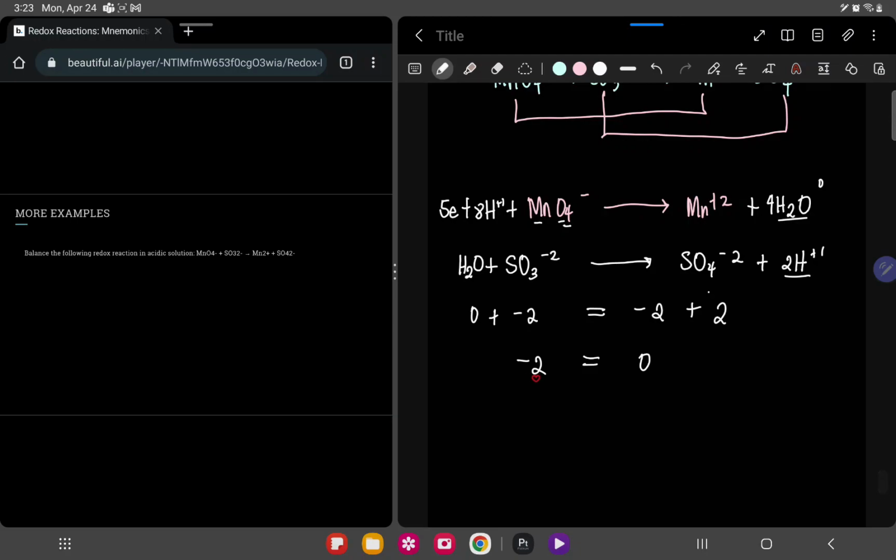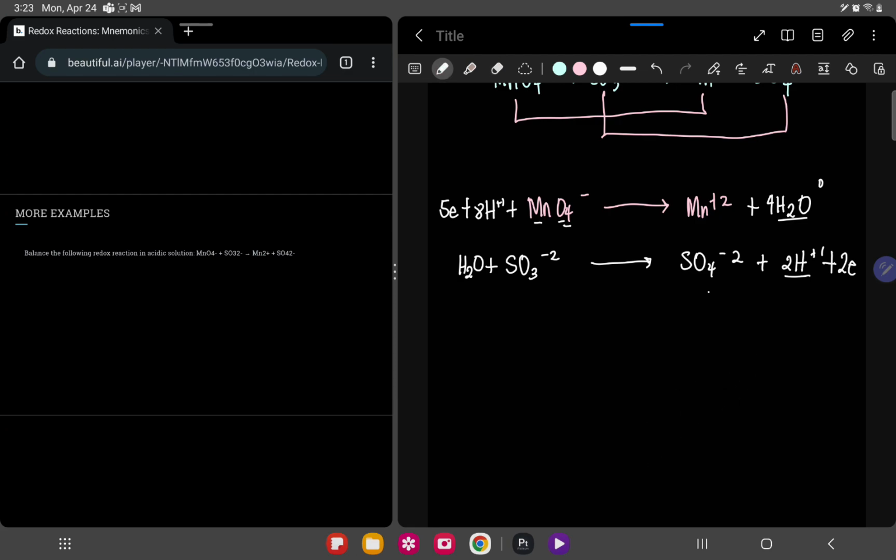So instead of adding 2 on your left side, we must add plus 2 electron. Again, this is similar to saying 0 plus negative 2 since the charge of electron is negative. So that will mean negative 2 is equivalent to negative 2. So where did we add the electron? We add it on the right side. So plus 2 electron.